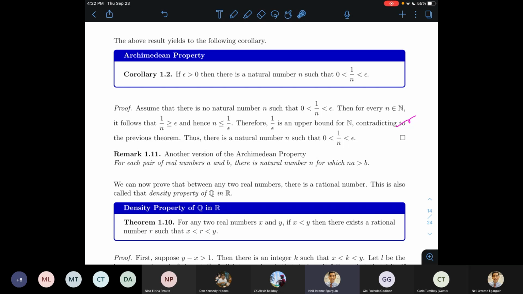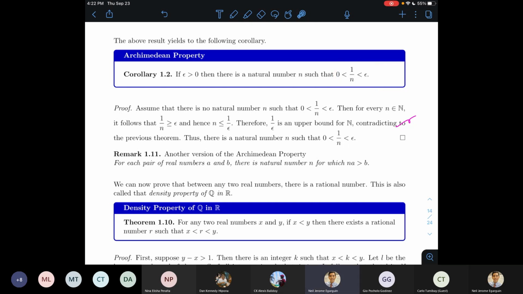And I guess the Archimedean property is one of those results that I said is equivalent to the LUB property. So that's a clue that here, probably in the proof, I will use the LUB property. Okay? So the Archimedean property says that if epsilon is a number greater than 0, then there is a natural number n such that this inequality is true.